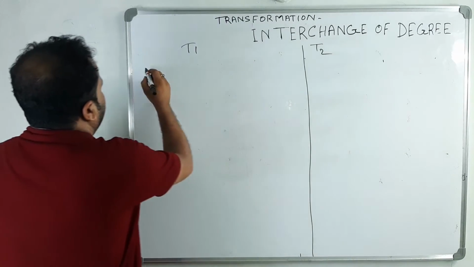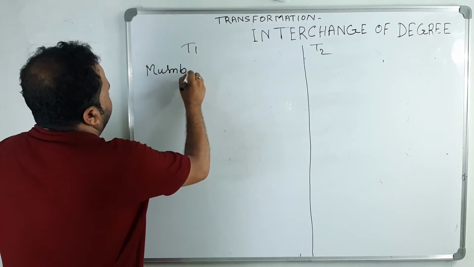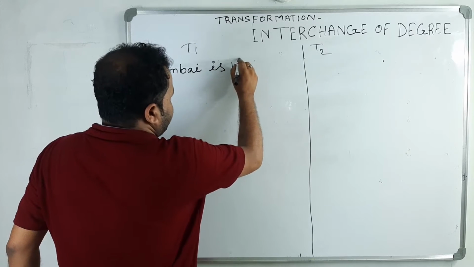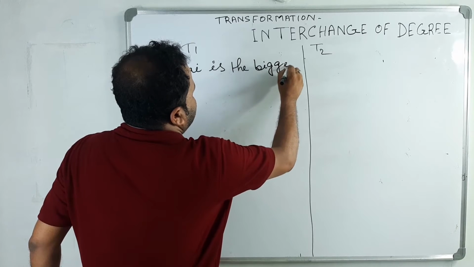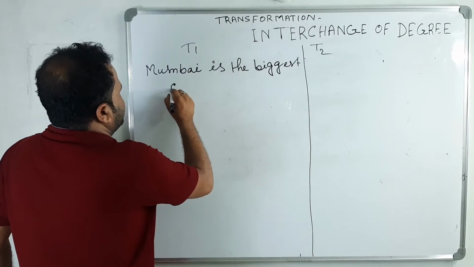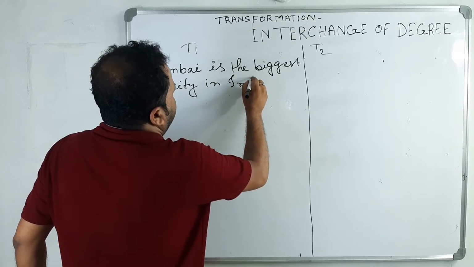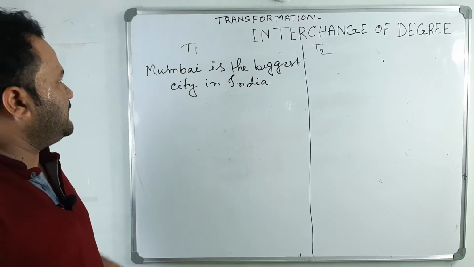Type 1: Mumbai is the biggest city in India. That is one type of example.